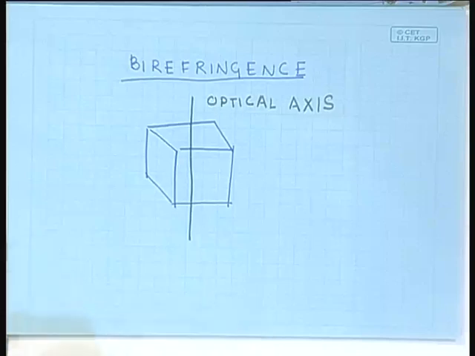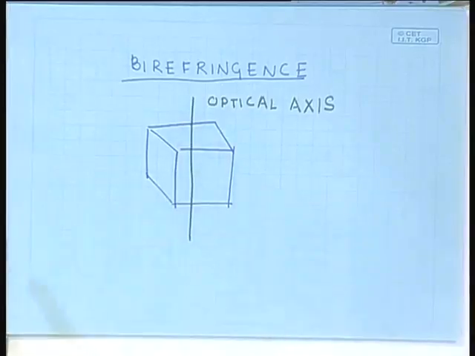So, in this birefringent material that we are discussing, there is a particular direction called the optical axis. By direction, we mean it could be here, here, here. At all points, there is a particular direction called the optical axis. It is not to be thought of as a line, but as a direction inside this.